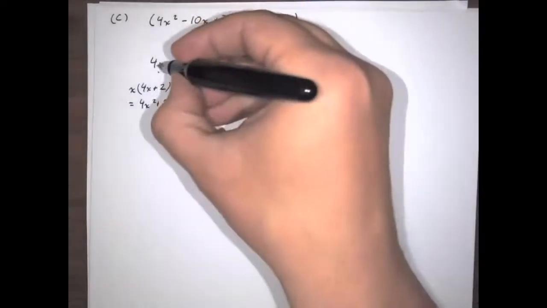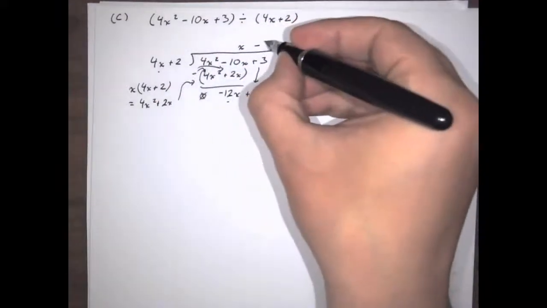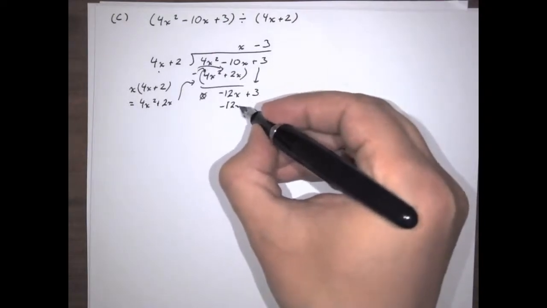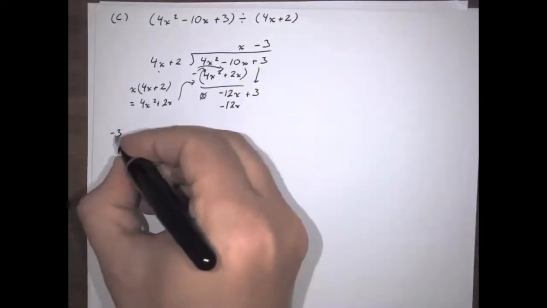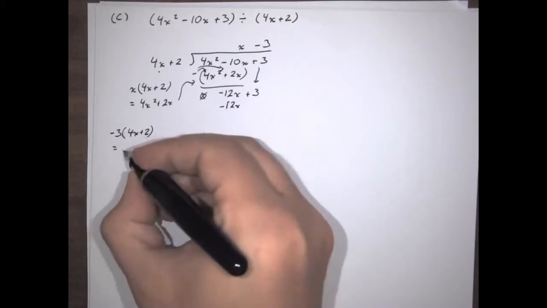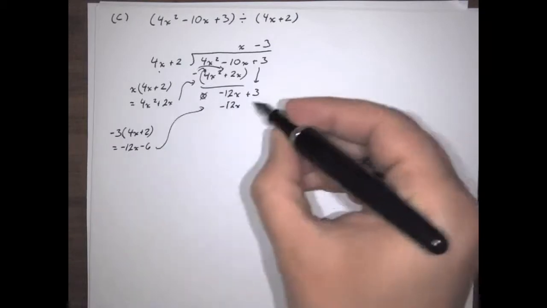And now we ask ourselves, what do I have to multiply that by to make that? And the answer is going to be minus 3. So negative 3 times 4x plus 2 is equal to negative 12x minus 6. And that's what goes over here.